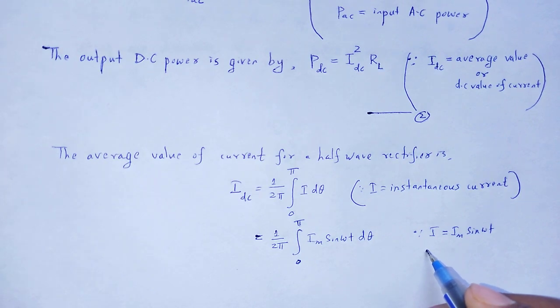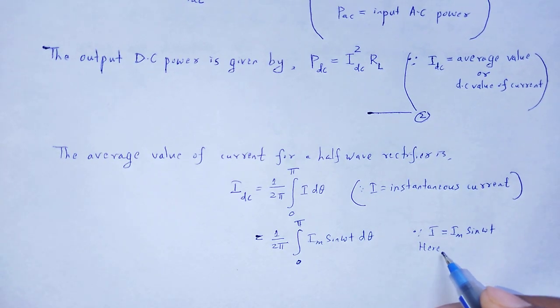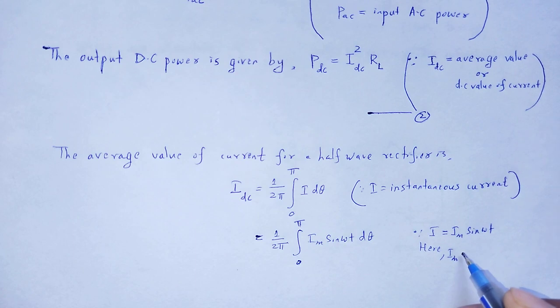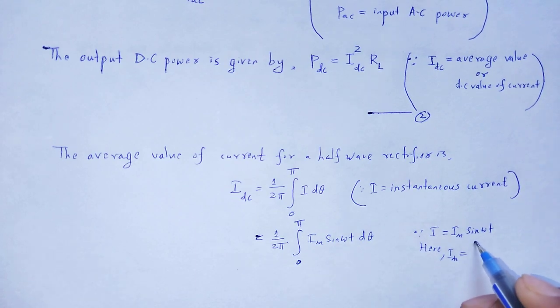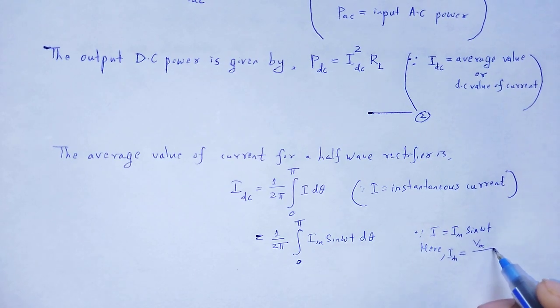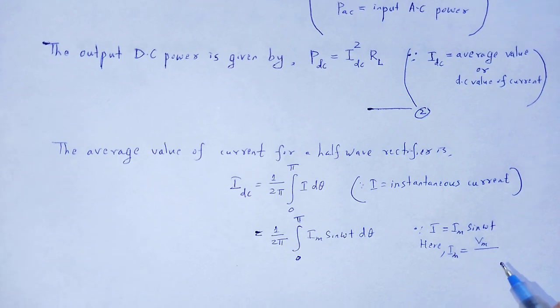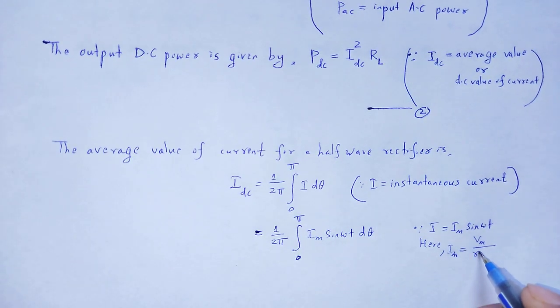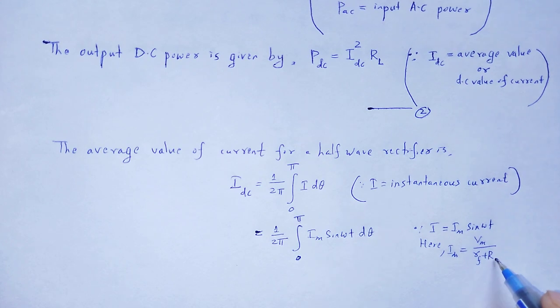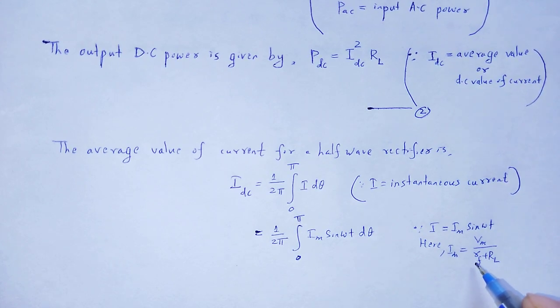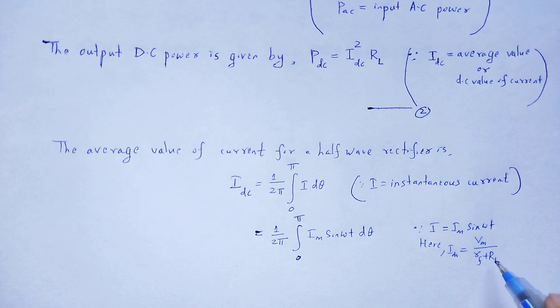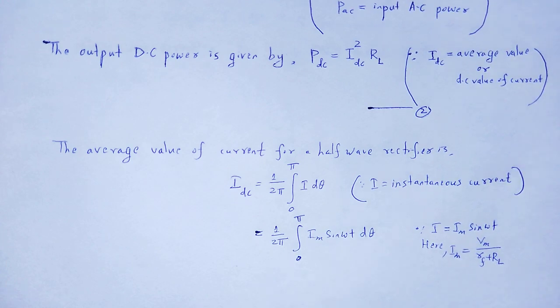Here I m is the maximum voltage V m divided by the net resistance R f plus R L. R f is the forward resistance of the diode, and R L is the load resistance.